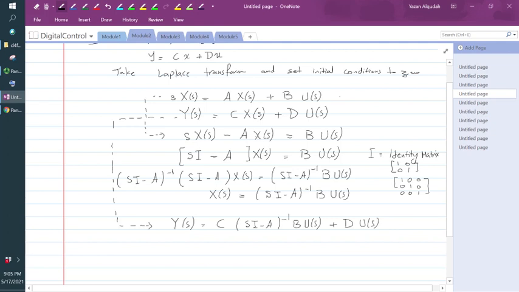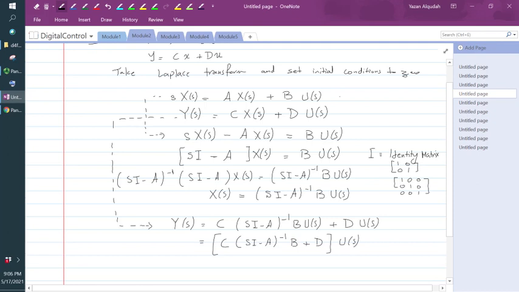Now I can also put these terms together and just keep u of s out. So I'm going to have c multiplied by sI minus A inverse multiplied by B, and then plus D, and all this multiplied by u of s.